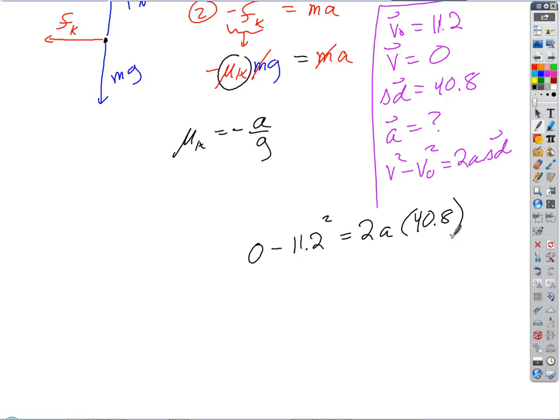To get that a by itself, just divide all that stuff away, both sides. And that's just a calculator problem. So what does that give us?